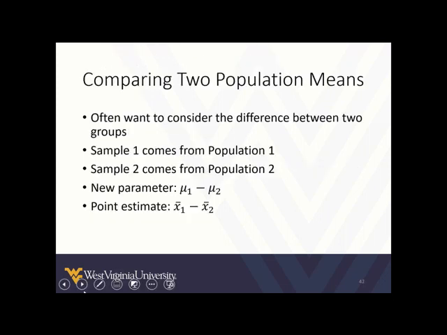So when we are comparing 2 population means, we pull a sample 1 that comes from population 1 and a sample 2 that comes from population 2. And so our new parameter is mu1 minus mu2, which implies that our new point estimate will be the sample mean from sample 1 minus the sample mean from sample 2.